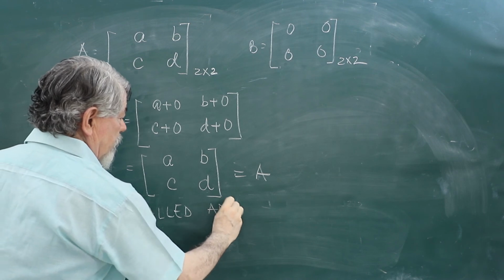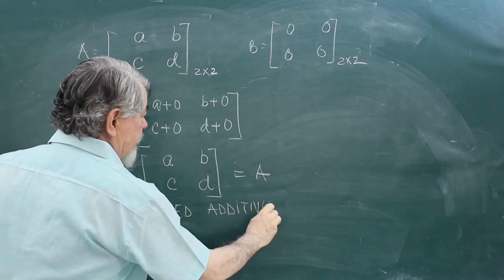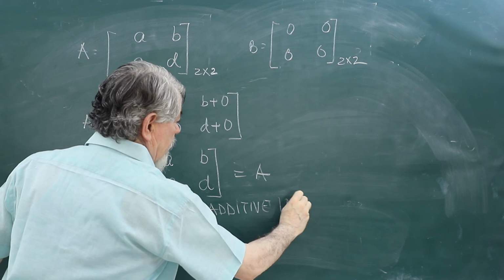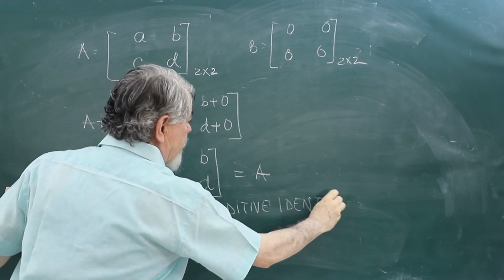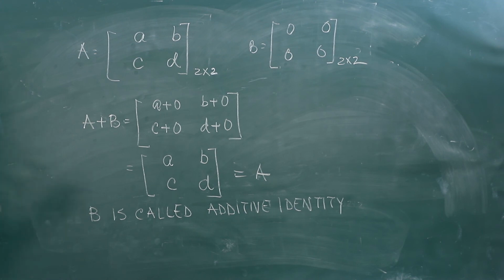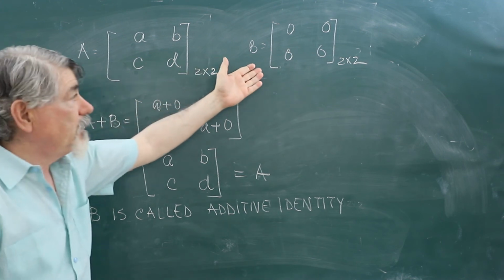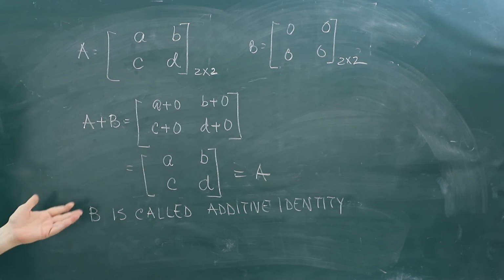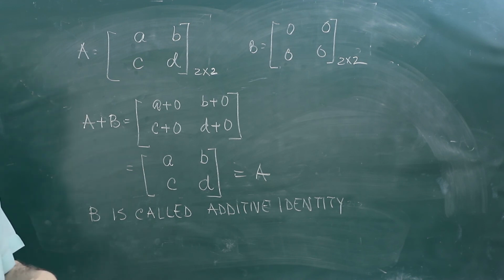And additive identity in case of addition of matrices is the null matrix. B is a null matrix or zero matrix where all the elements of the matrix are 0.